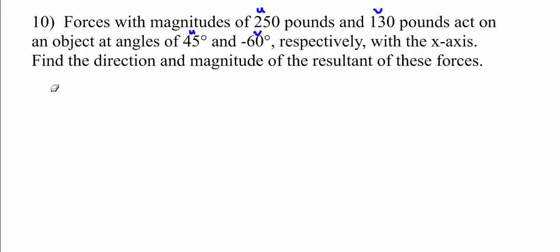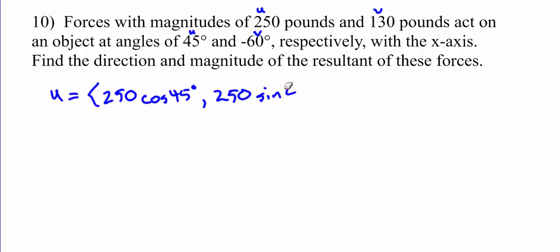It's really very similar to the last question we did, where I just need to find two separate vectors. So we know vector u has a magnitude of 250, and an angle of 45 degrees. So it would look like this: 250 cosine 45 degrees and 250 times the sine 45 degrees.